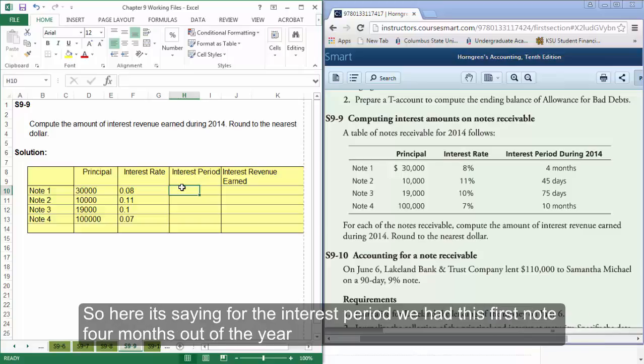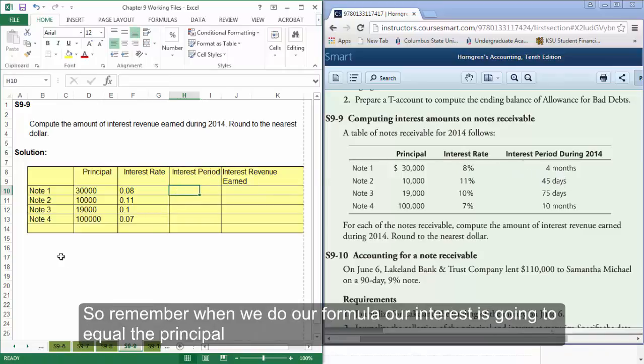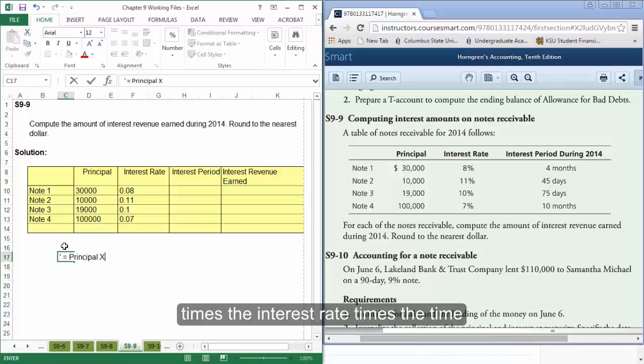Here it's saying for the interest period, we had this first note 4 months out of the year. Remember, our formula is: interest equals the principal times the interest rate times the time.